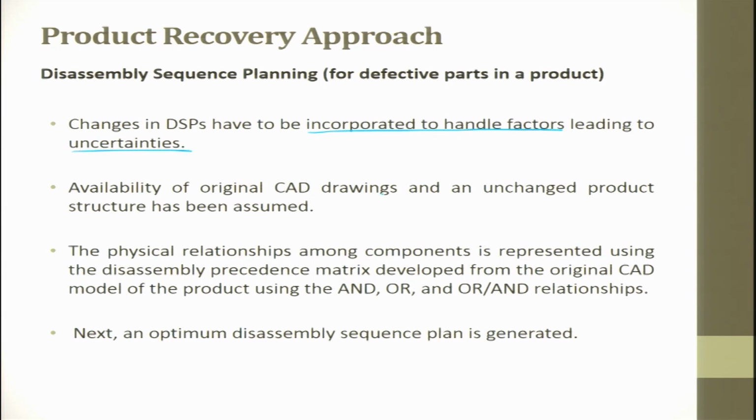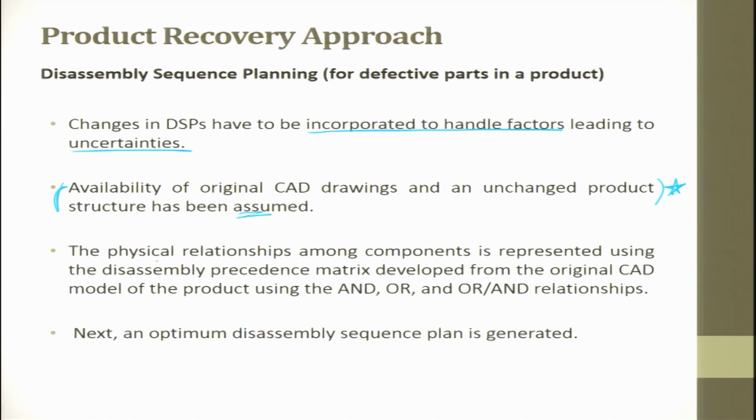Availability of original CAD drawing and an unchanged product structure has been assumed. So, these are all for defective parts. Please note it down. Availability of original drawing and an unchanged product structure has been assumed.